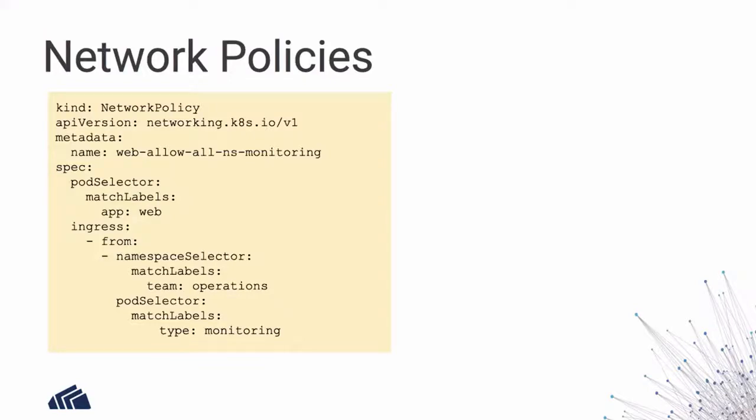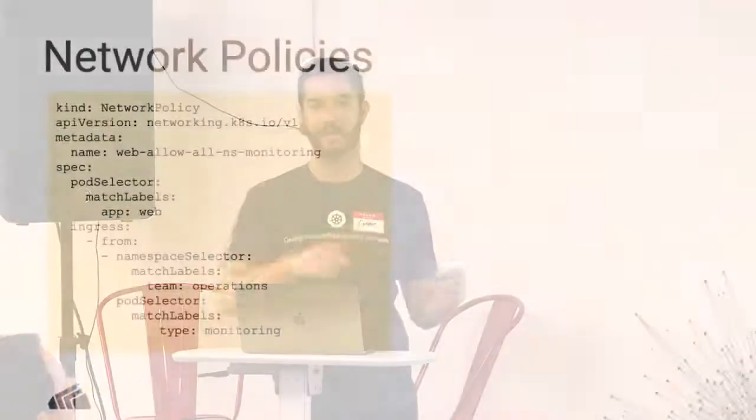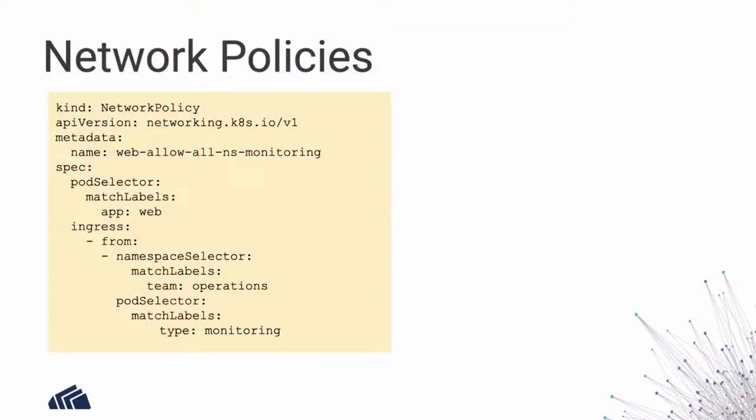And then the ingress is saying what can talk to it. In this case, you could imagine you have Prometheus running that is scraping endpoints in different namespaces. What this will do is allow anything from the operations namespace of type monitoring. So that could be a Prometheus server that we have running, and it'll be able to scrape application web. I'm just defining exactly that path between that namespace and my web application, and restricting the traffic.